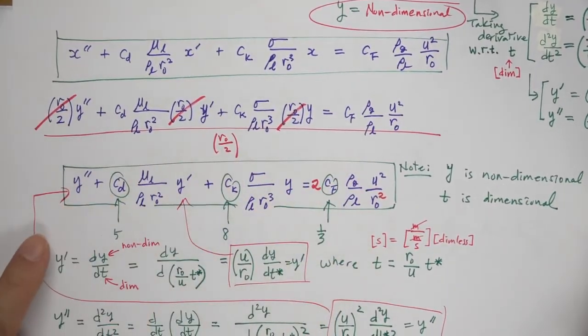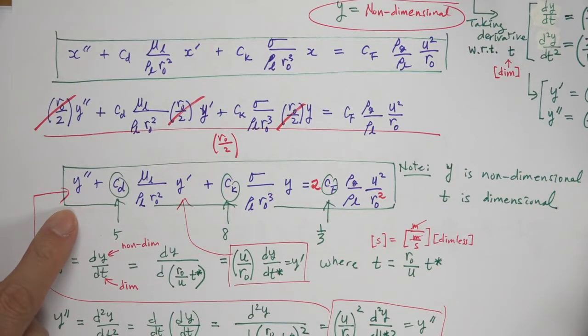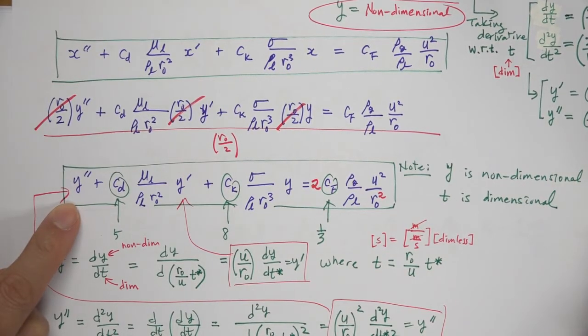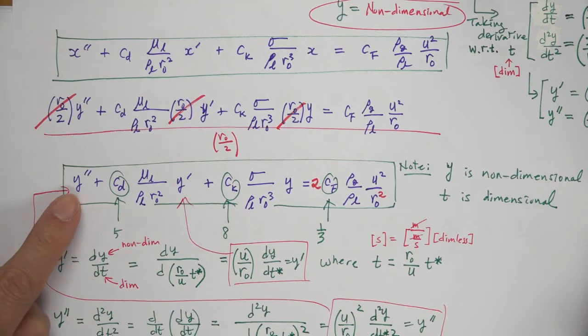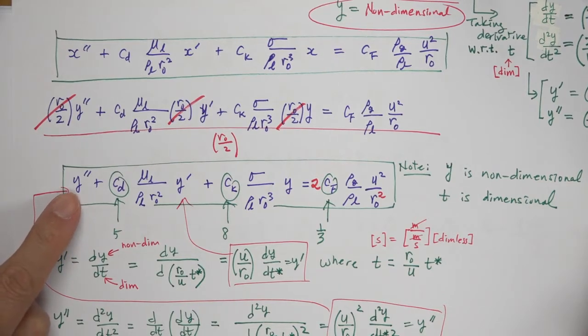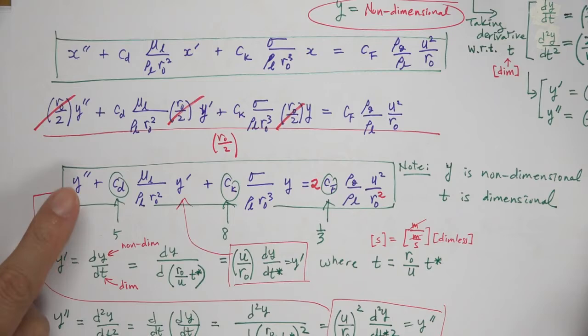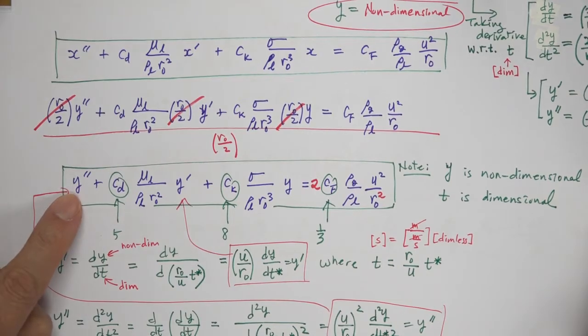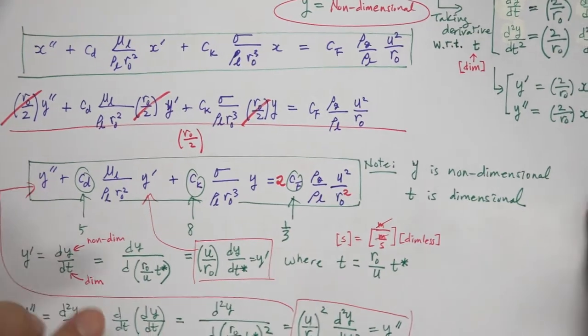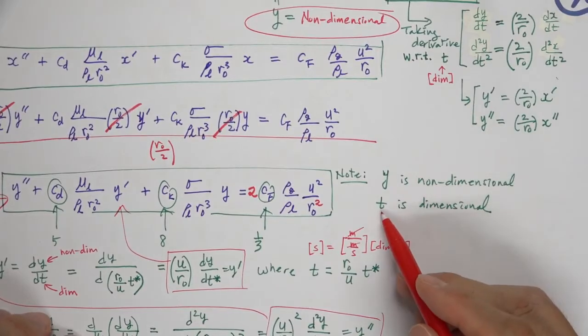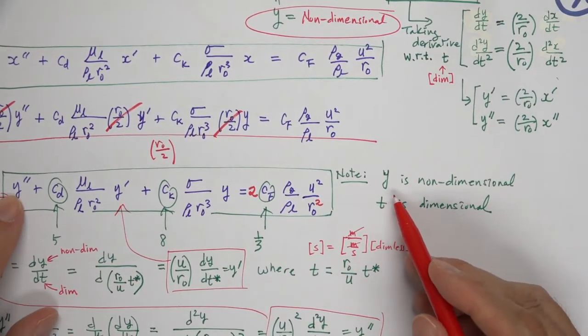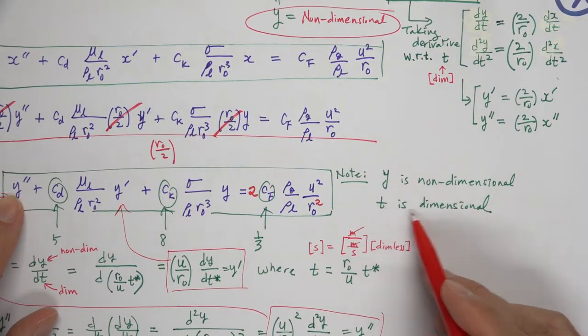So when I say this particular ordinary differential equation, if you solve this directly, then you're solving the non-dimensional y solution when the dimensional time is changing. So this is a non-dimensional solution of y when t is dimensional.